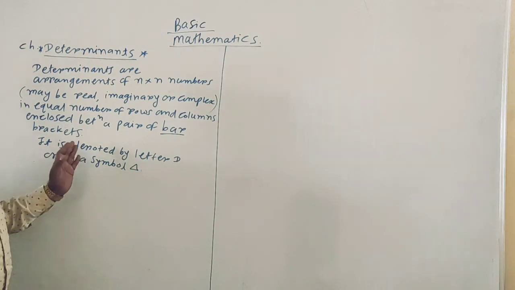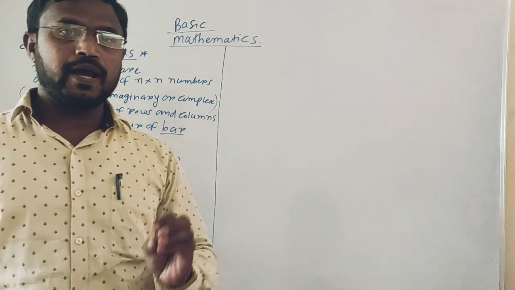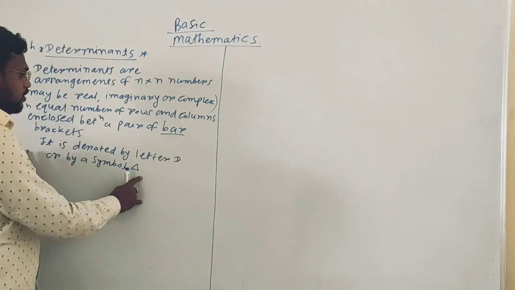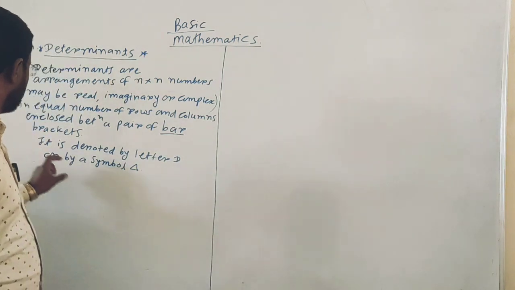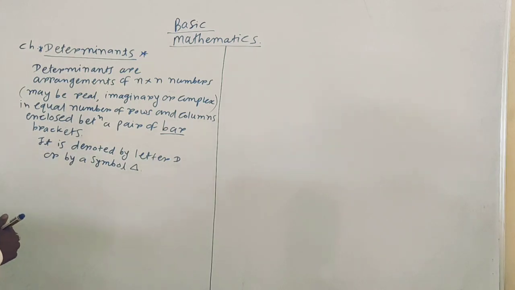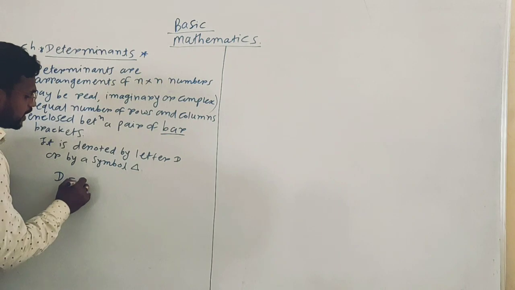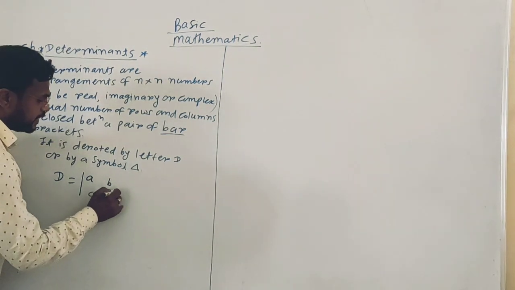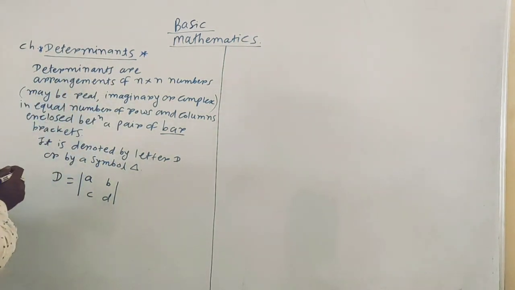It is denoted by the letter D or by a symbol. Determinants are arrangements of n by n numbers.